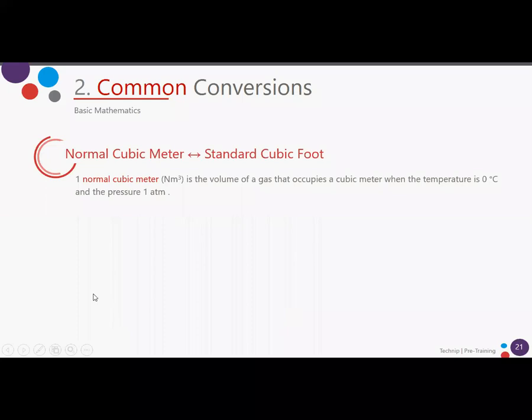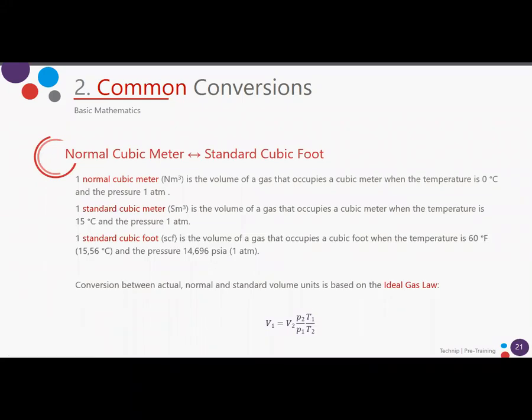Okay, so the next conversion examples, or common ones, is converting between normal cubic meter, standard cubic meter and standard cubic foot, and also converting absolute volumes or volume flows to these standard or normal units.